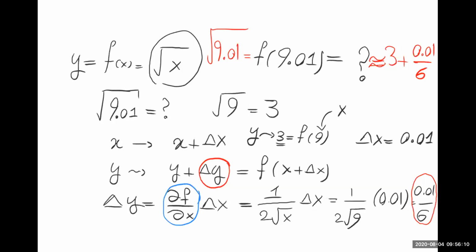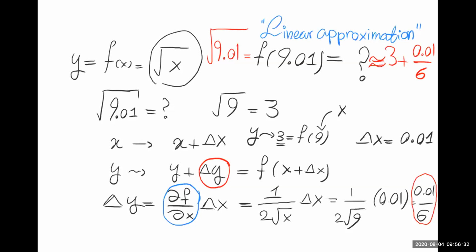Because of that, this approximation is called linear approximation. And this is the most important kind of approximation in economics or engineering or physics or anywhere else: linear approximation.